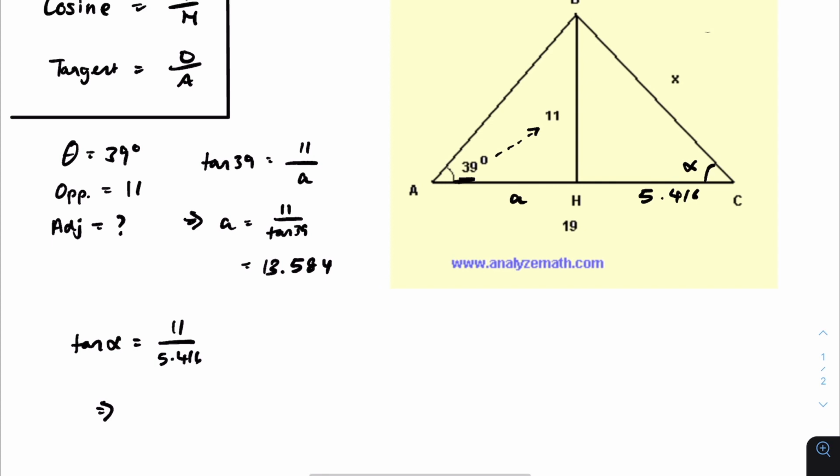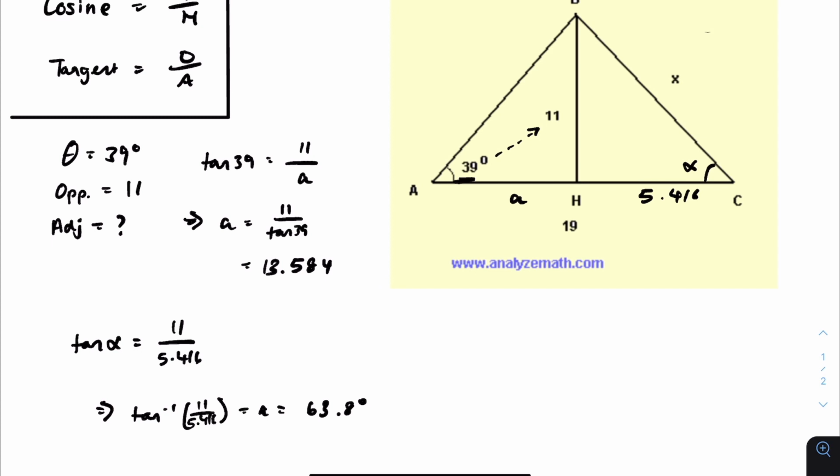Now, if you use the inverse of tan, tan to the negative 1 of 11 over 5.416, we get alpha, which is equal to, let me just put this into my calculator, 63.8 degrees.